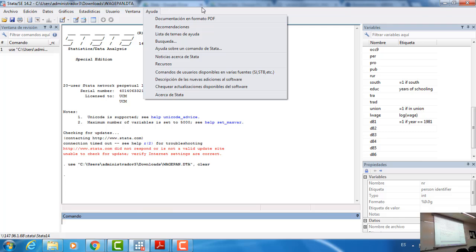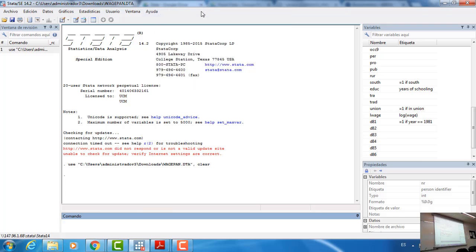Now, what we have to do is to work with Stata. But before working with Stata, I would like to tell you a few things. The first thing is that you have four windows. All of them are useful. There is a command window which is below, and in the command window you write the commands. Most of the times you don't know the commands. So how can you write the commands without knowing them?